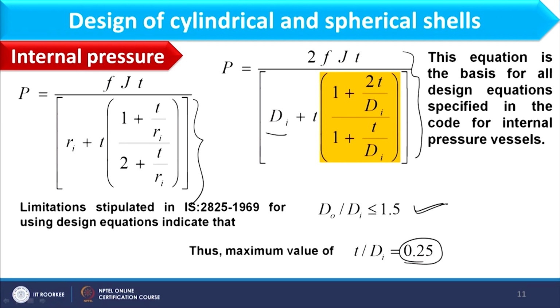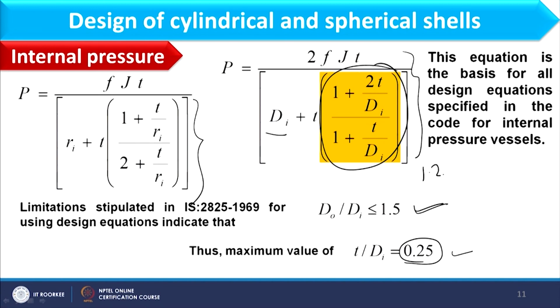How has this 0.25 come? Because this do we have replaced with di plus 2t, and after resolving it we get t by di as 0.25.